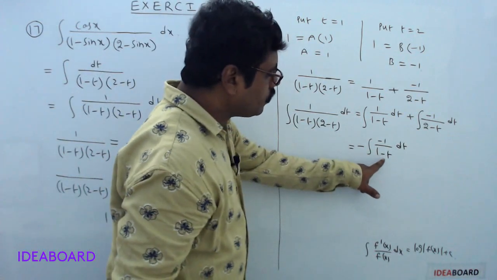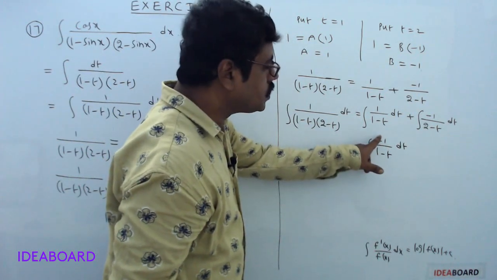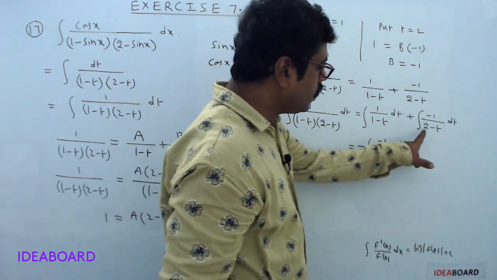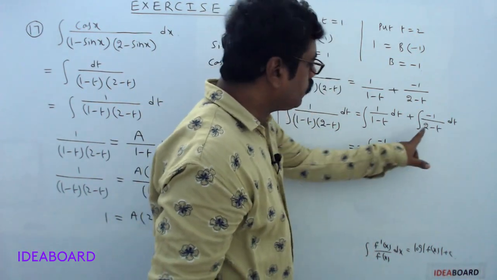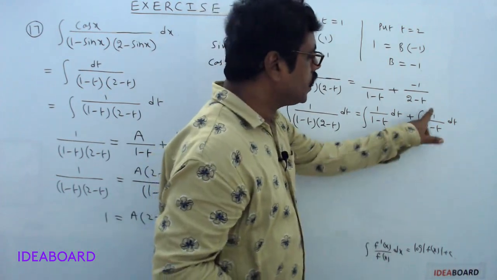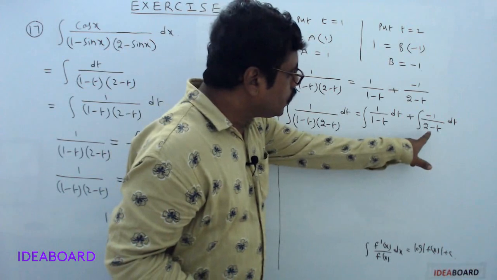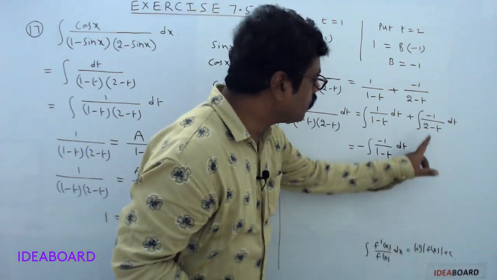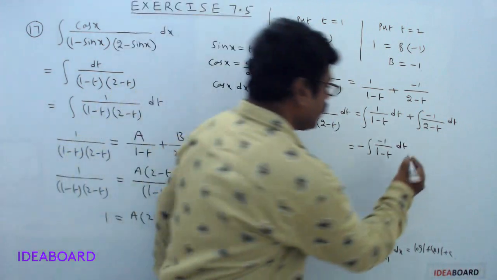So clearly derivative of denominator is in its numerator. Now here, what is the derivative of 2 minus t? Derivative of 2 minus t with respect to t is minus 1. It means derivative of denominator is in its numerator. You can apply this formula on this term also.